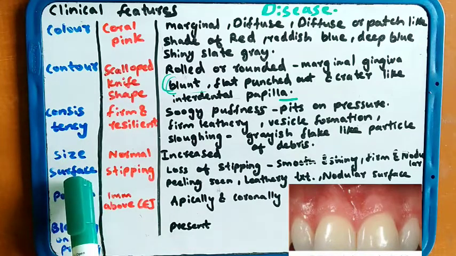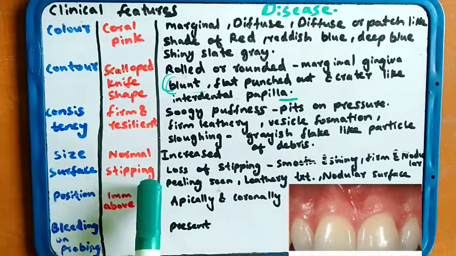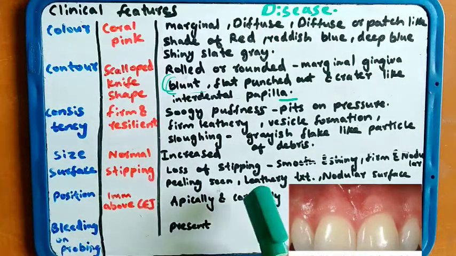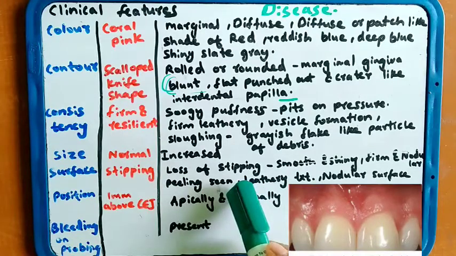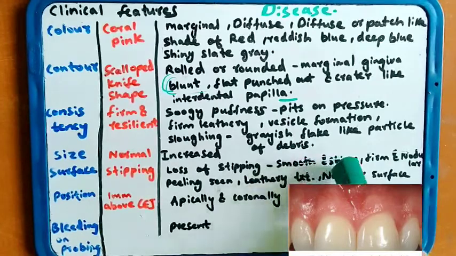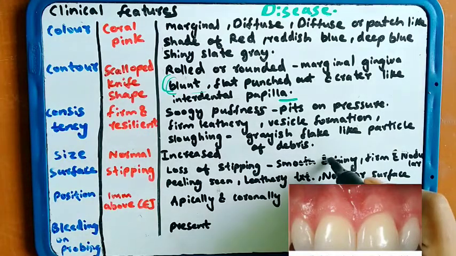When it comes to the surface, the healthy surface is stippled. As you can see in the picture, the gingiva with disease shows loss of stippling. That stippling will convert to a smooth, shiny, firm nodule.